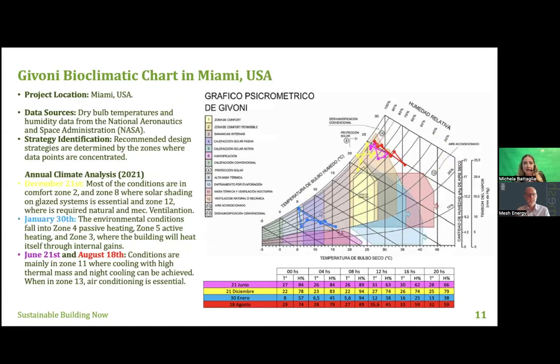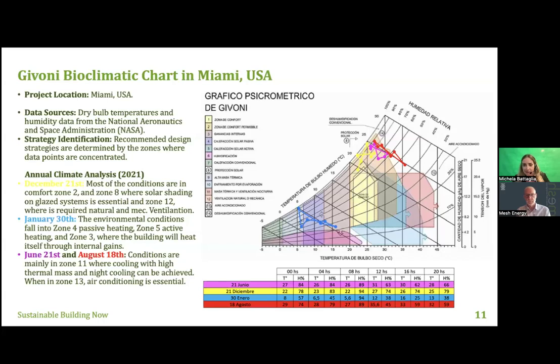Let's see now an example in Miami. In Miami and Dubai, the temperature is similar because they are more or less at the same latitude. Here, the 30th of January was the coldest day in Miami in the year 2021, but it was only an atypical day, because generally in Miami the temperature is almost in the comfort zone during the winter.